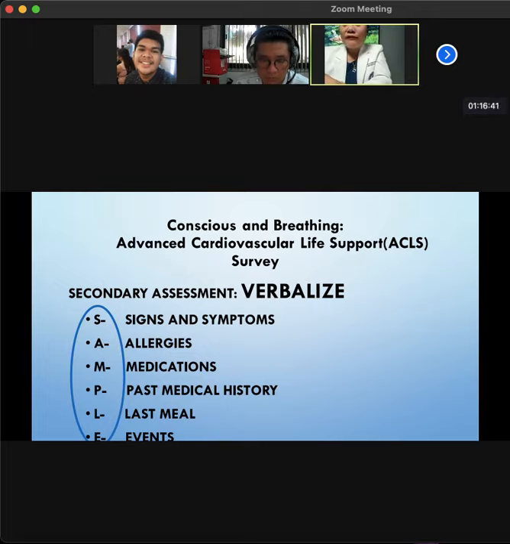And also the events before the collapse or dizziness. Okay? Pwede ninyong tanungin, kailan ka ba huling kumain? Yun. Or napagod po ba kayo? Baka naman tumakbo siya ng malayo kaya nag-hypoglycemia siya. Okay?